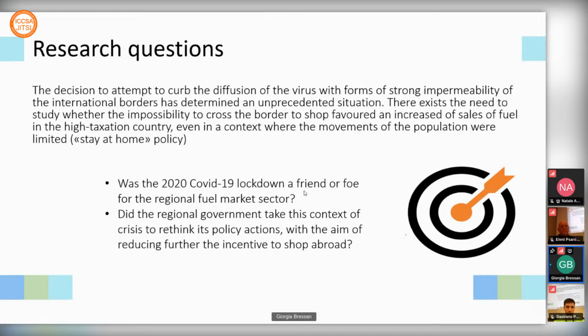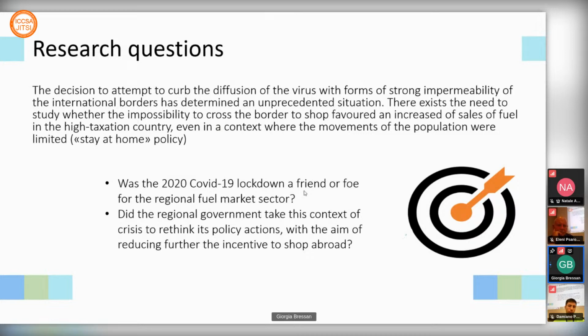So there is the need to study whether the impossibility to cross the border to shop favored an increase of sales of fuel in the high-tax country, even in a context where movements of people were limited due to the stay-at-home policy.